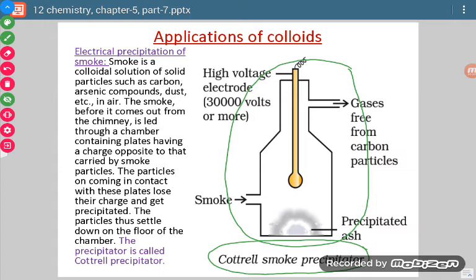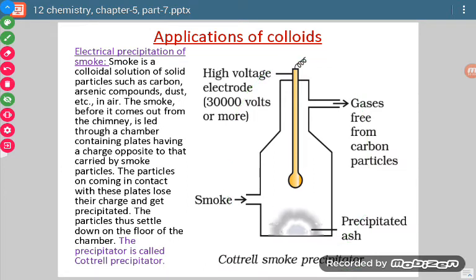Now what is there in this apparatus? In this apparatus there are charged plates, oppositely charged plates. Now see, this is a particular high voltage electrode. Here there will be some plates, they will be oppositely charged to that of the charge on the smoke. So whatever is the charge on the smoke, the oppositely charged plates will attract the dispersed phase particles present in the smoke, and those particles will get coagulated here itself.